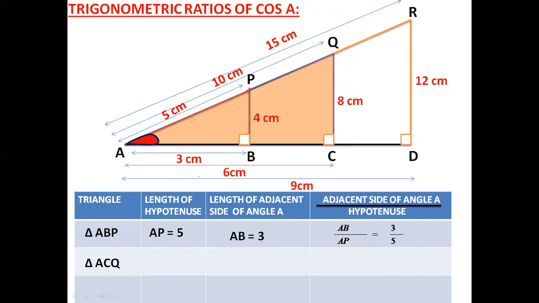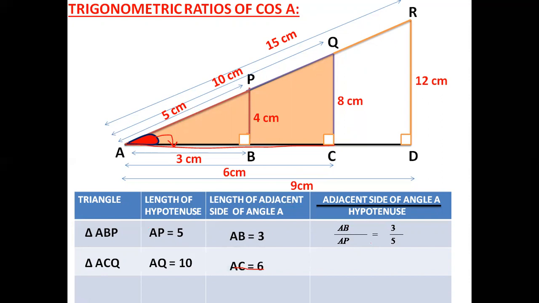So AQ is equal to 10 centimeters. Now what is the adjacent side? This is opposite side. CQ is the opposite side. So AC is the adjacent side to the angle A. So AC length is 6 centimeters. So you have to write here AC is equal to 6 centimeters.